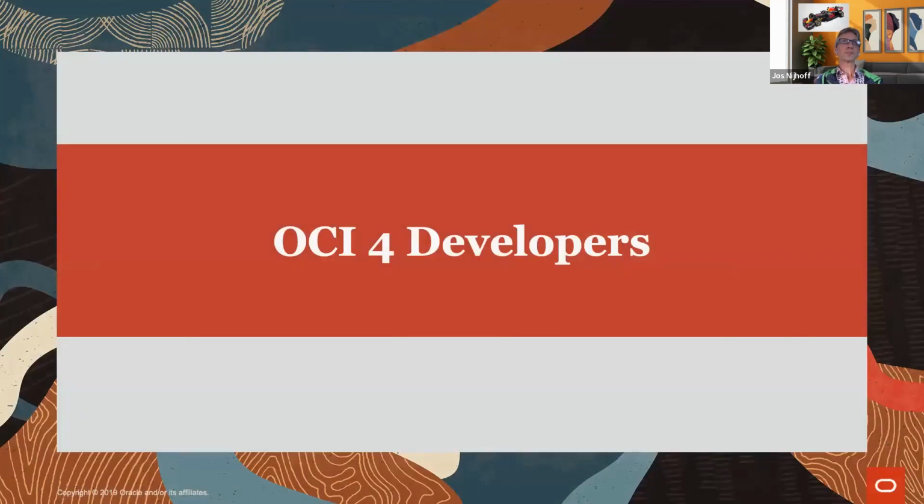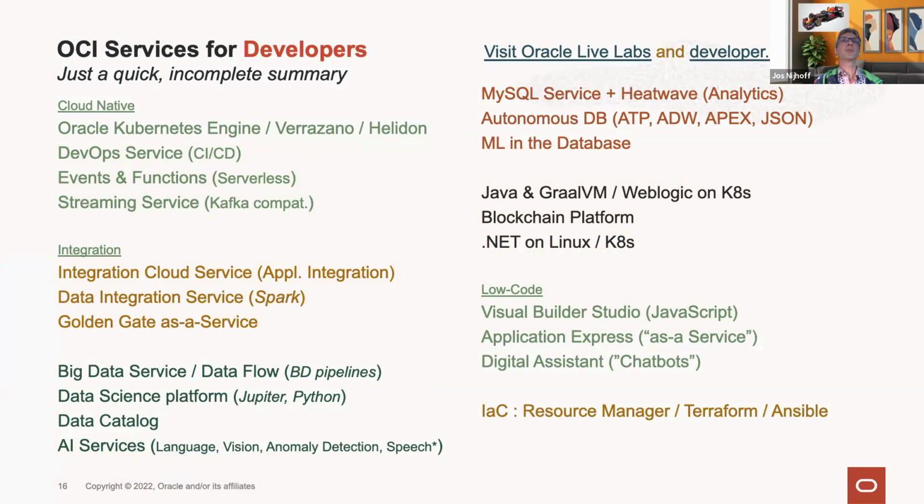So let's talk about OCI for developers just quickly. If you're interested in these topics and you're more of a developer oriented person, for cloud native applications we have Oracle Kubernetes Engine, a new DevOps service, and of course, events and functions.